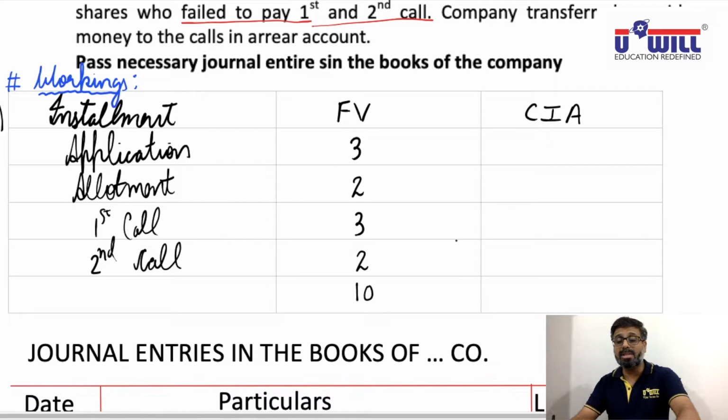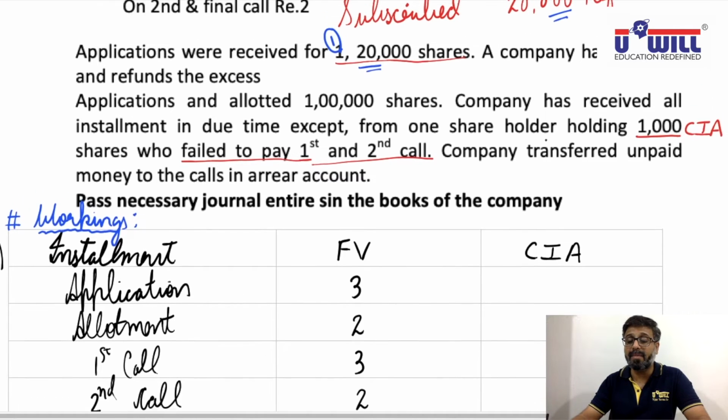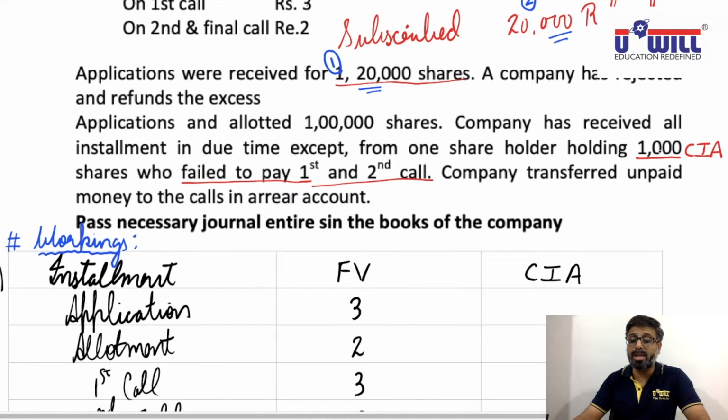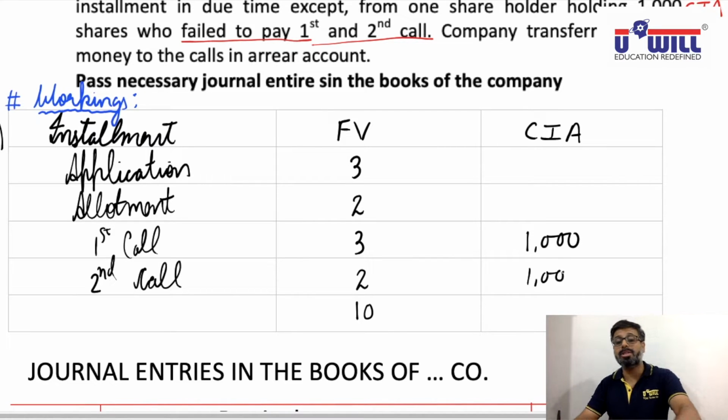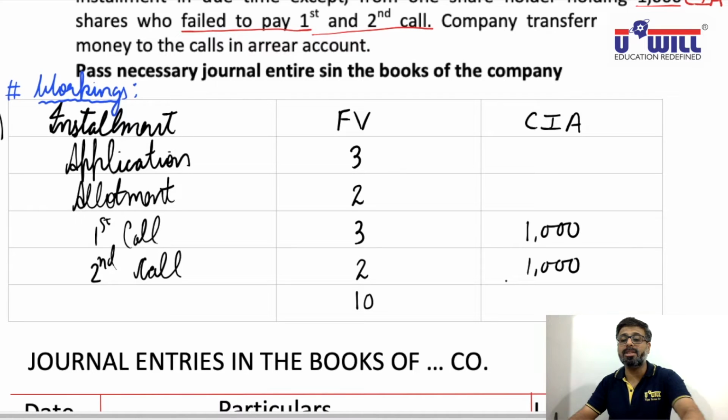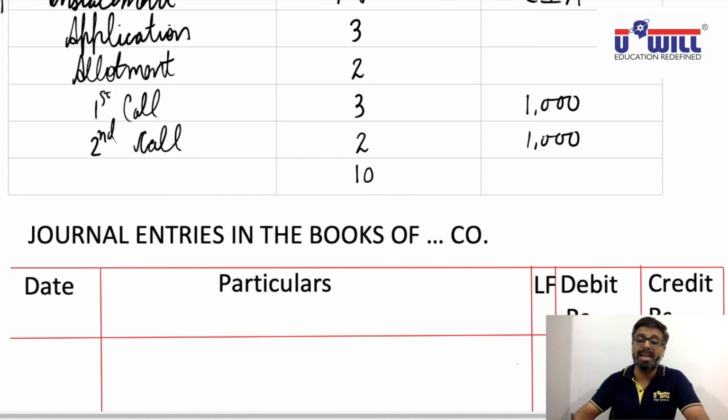Now regarding calls in arrears, all of you can see in this paragraph that one shareholder holding 1000 shares failed to pay first call and second call, means first call is not received on 1000 shares, there are calls in arrears, as well as in second call there are calls in arrears of 1000 shares. 1000 calls in arrears will be mentioned in first call as well as in second call.